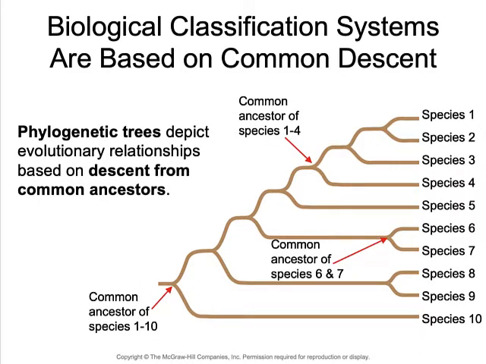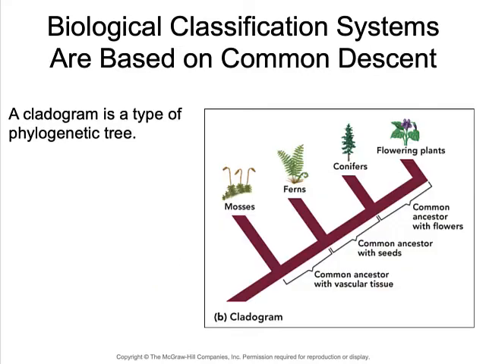Phylogenetic trees are diagrams that depict evolutionary relationships based on descent from common ancestors. A cladogram is a type of phylogenetic tree. For example, this cladogram shown on your screen shows the relationships of mosses to ferns to conifers to flowering plants.